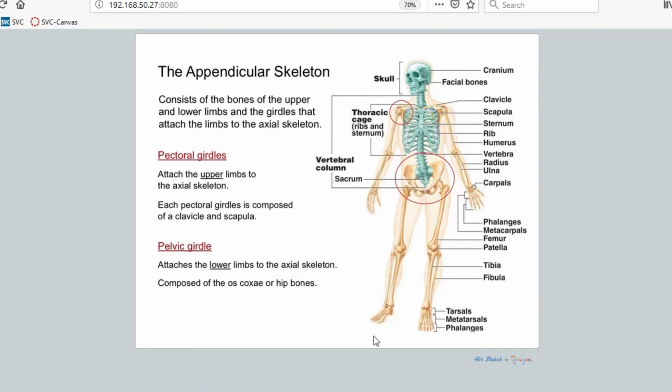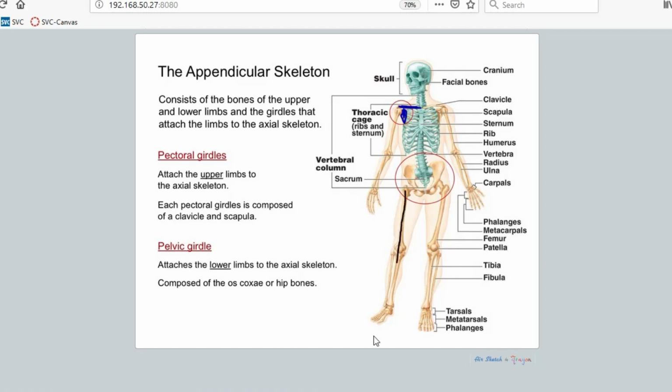And what two bones are going to make up the pectoral girdle that attach the upper limb to the axial skeleton? We have the clavicle, and we also have the scapula. Then we get down here to the lower limbs.